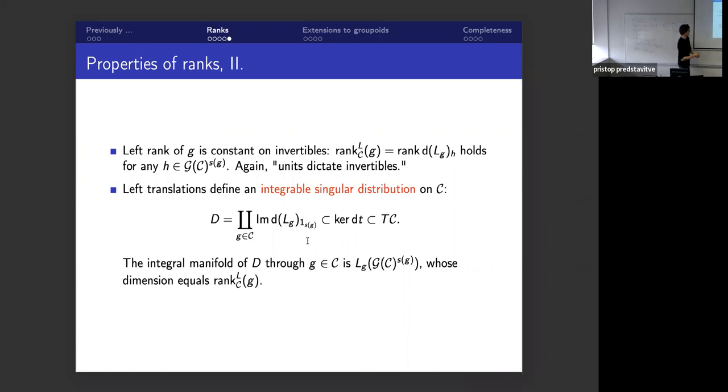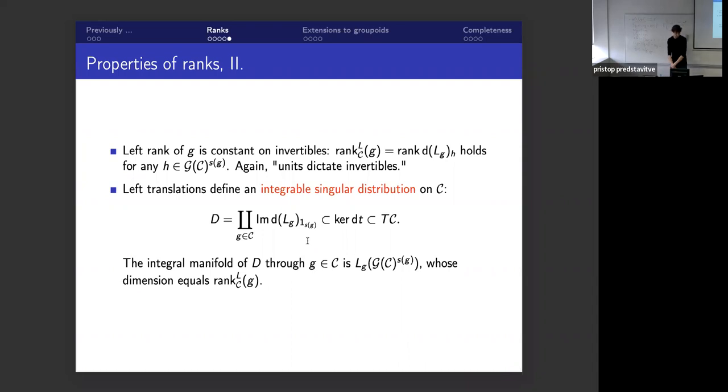And these turn out to be precisely that the integral manifold of this distribution D is nothing but the left multiplication by the element through which our integral manifold is going, of the core of our Lie category. And you can see that its dimension is varying because the dimension of the integral manifold is precisely the left rank of this particular element through which we are taking the integral manifold.